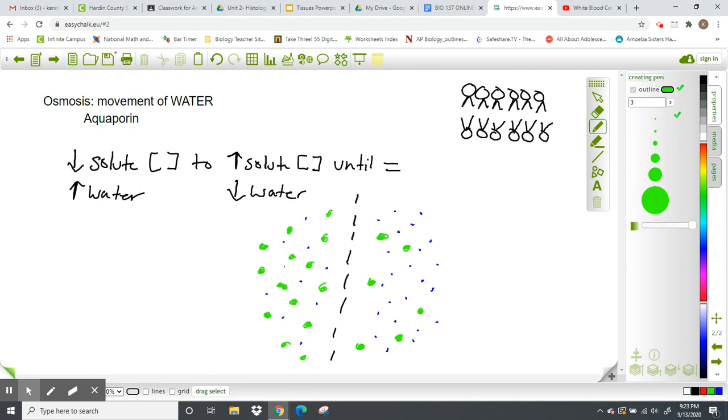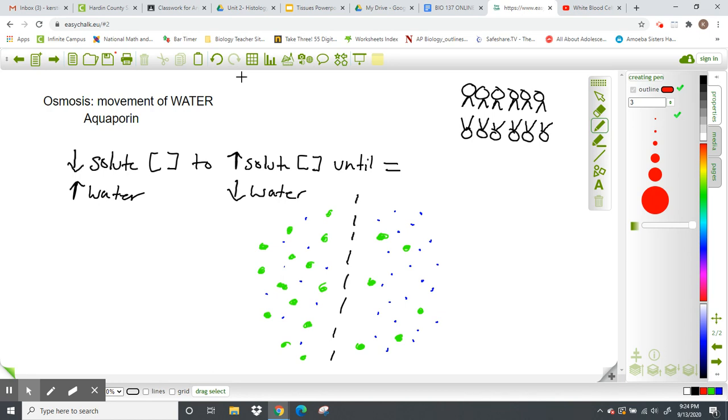Let's also say that this membrane right here is not permeable to salt. So the salt, the green dots here, will not be able to move. So the only thing that can move is the water. And it will. Remember, nature's tendency is to keep things equal all the time. Because we can't move the salt from one side to another, we've got to move the water.